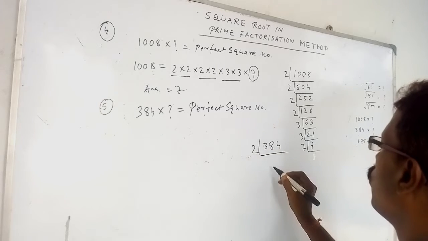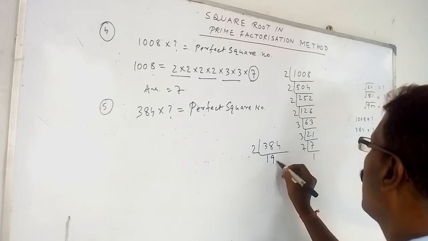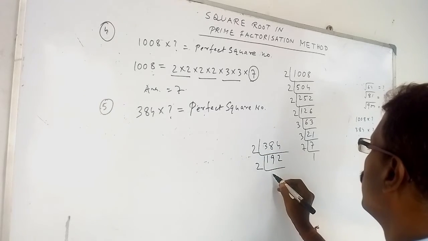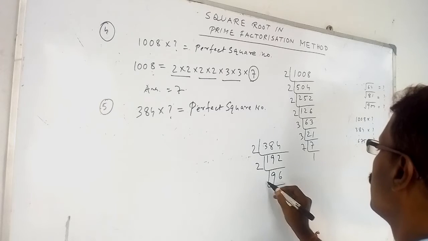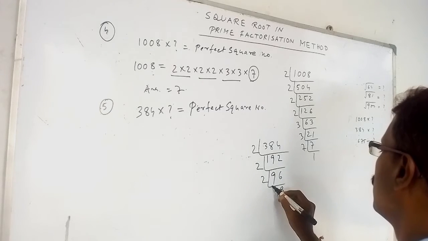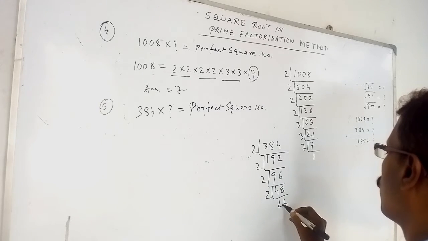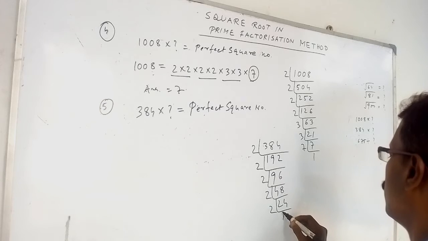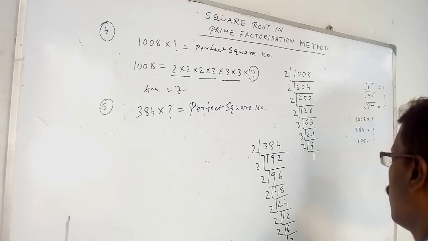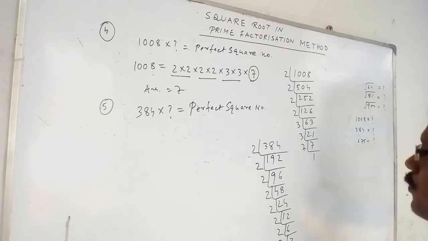First divide by 2: 192. Again by 2: 96. Again by 2: 48, then 24, 12, 6, and 3. And by 3 it is 1.